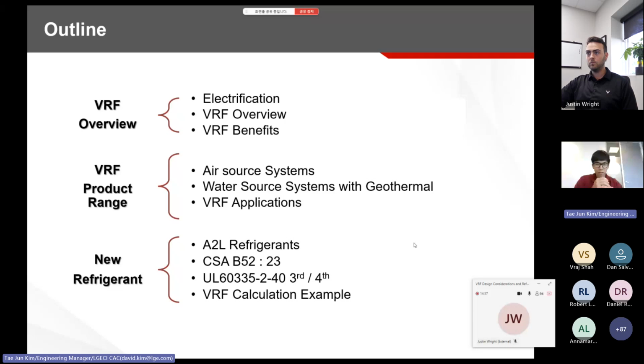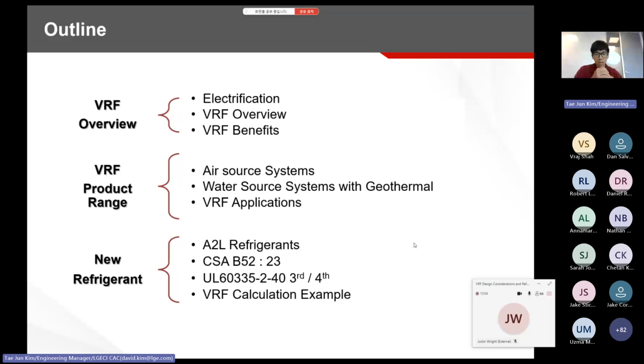And then from there, I'll be moving on to discuss the new refrigerant change that are happening based on the CSA B52 2023 edition, and also the UL 60335-2-40 third and fourth edition. And I'll give you some examples of the calculation that is going to be done on the VRF side based on those two new codes.